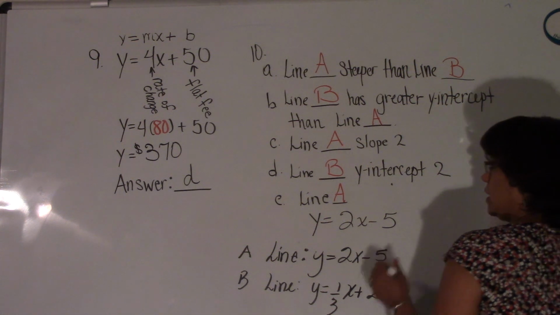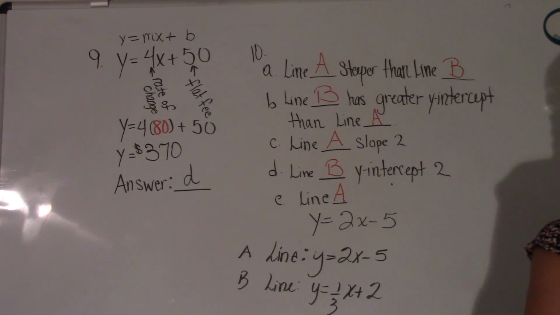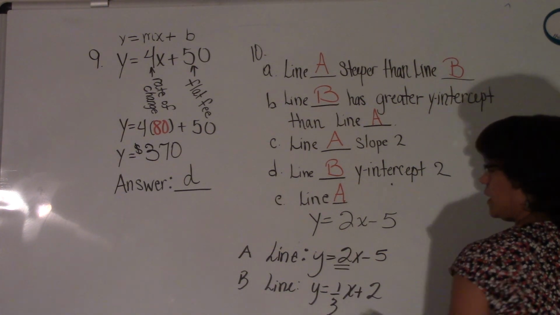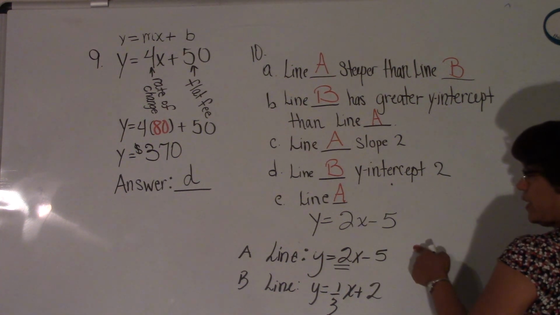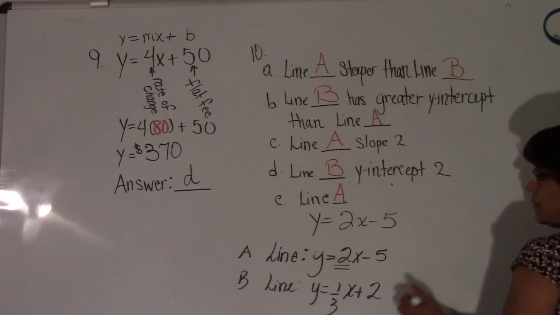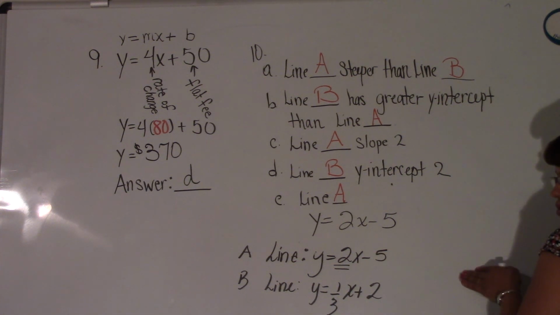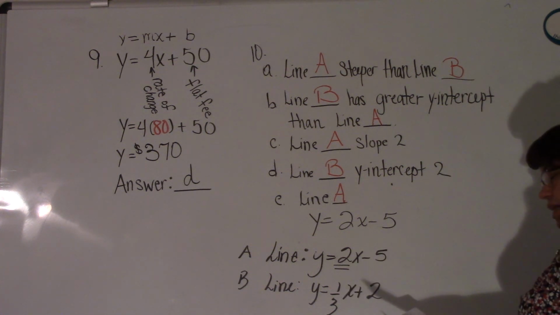So now, we're going to look at the slopes and the y-intercepts. Line blank is steeper than line blank. Line A is steeper than line B because the rise over run in A is 2/1, so you go up 2 and right 1. That's pretty steep. Whereas in line B, you just go up 1/3, which is going to make the line a little flatter. So the answer to A is line A is steeper than line B.